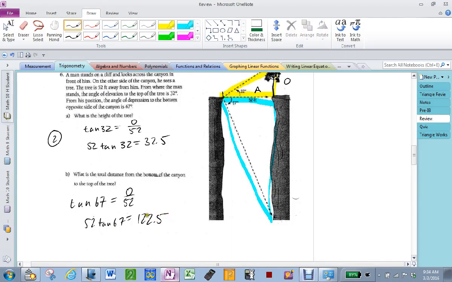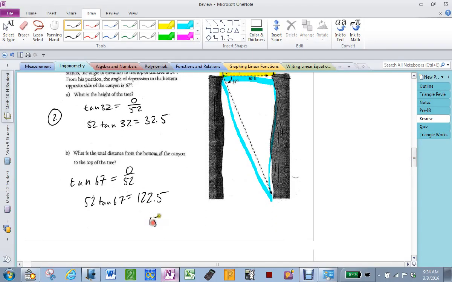Now, what do I got to do with those two numbers? Add them up. So it's 155. Right? Excellent. Give yourself a total on that page out of 10-ish.